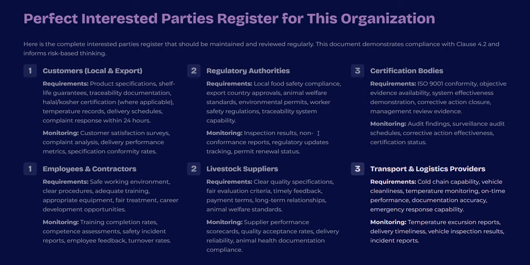Cold chain capability, vehicle cleanliness, temperature monitoring, on-time performance, documentation accuracy, and emergency response capability. How do we monitor this? Through temperature excursion reports, delivery timeliness, vehicle inspection results, and incident reports.